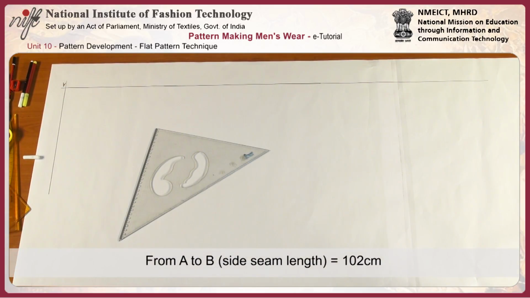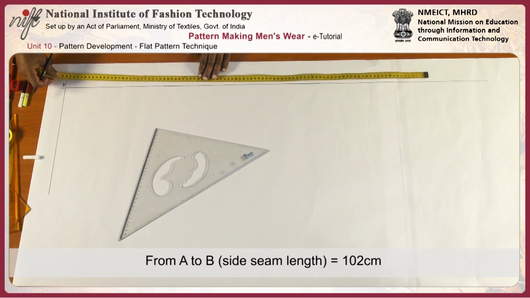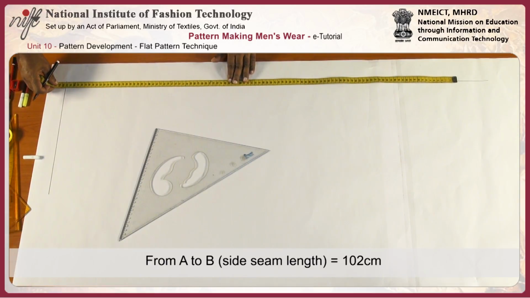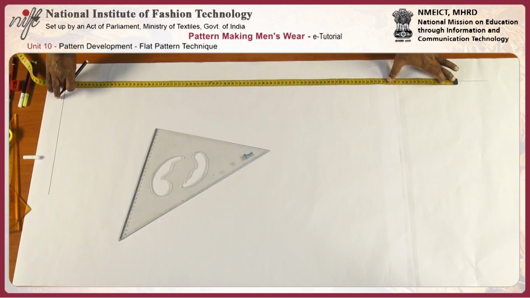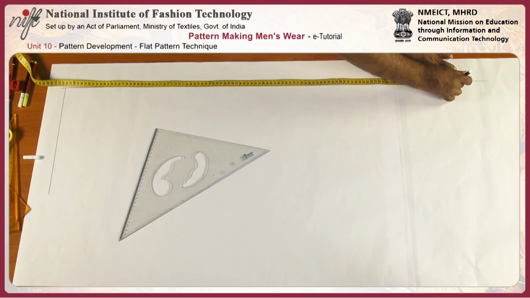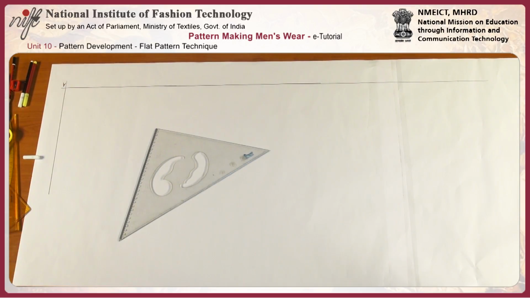From point A to B is side seam length, 102 centimeters, which is excluding waistband.